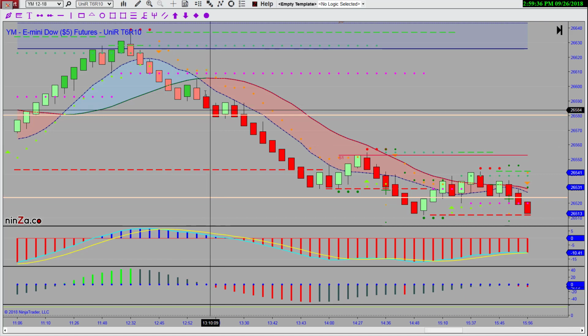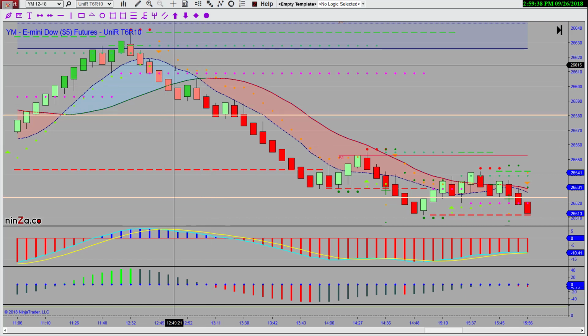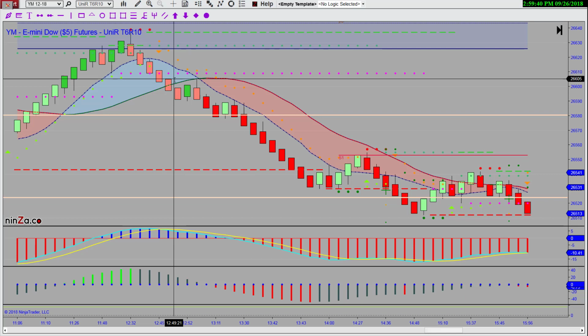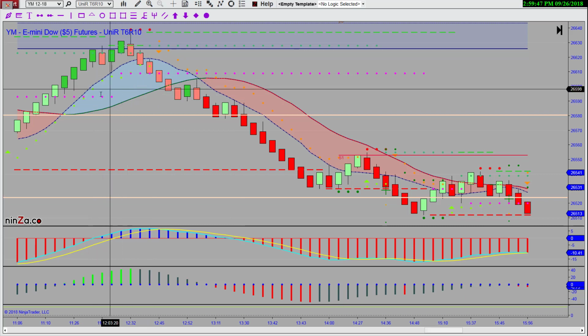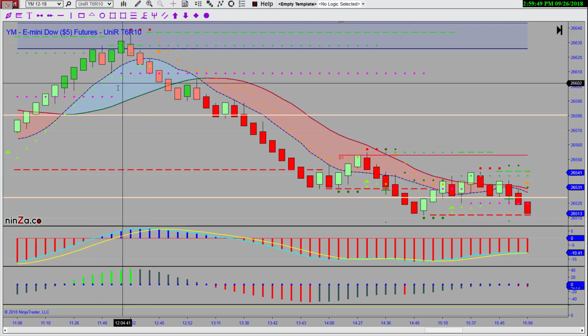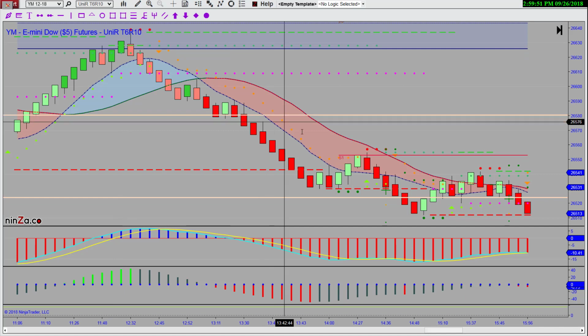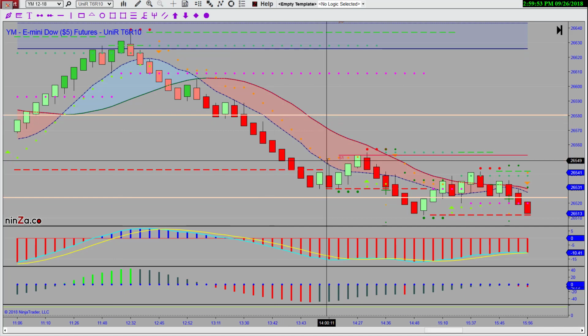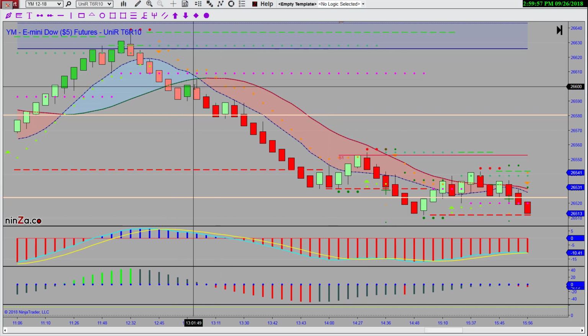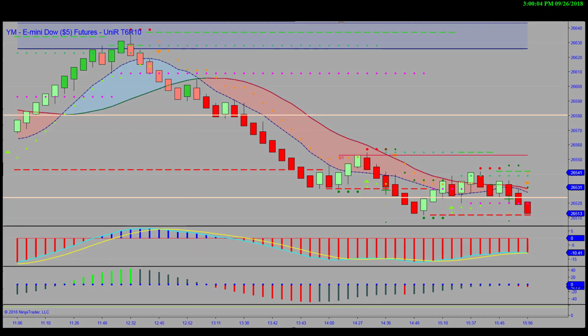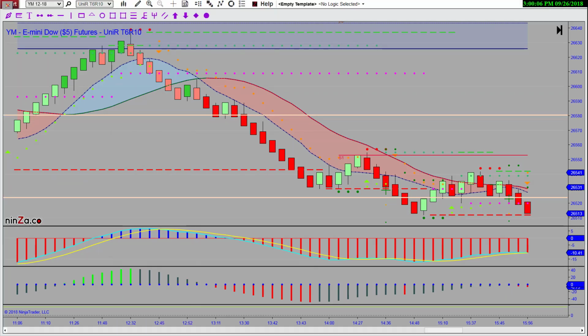All right. I use these multi-moving averages to help me visualize the trend. I would like to be trading long when it's bluish and short when it's reddish. And if it's kind of flat or crossing, I don't want to be trading at all. That's how I use those. And I call that my death cross.